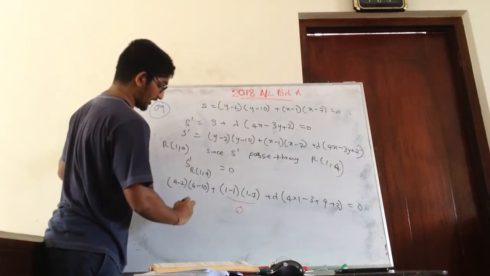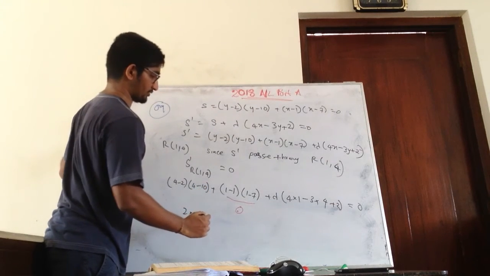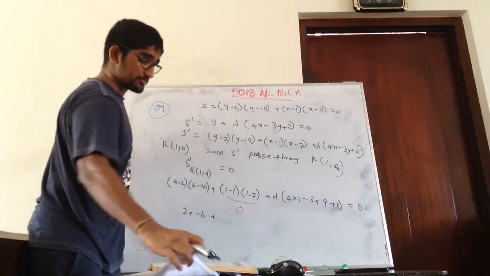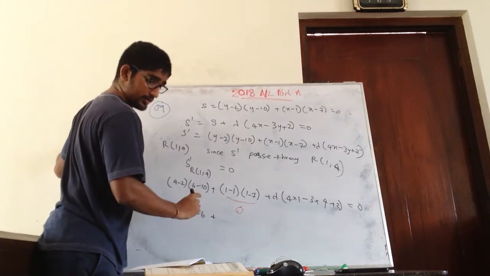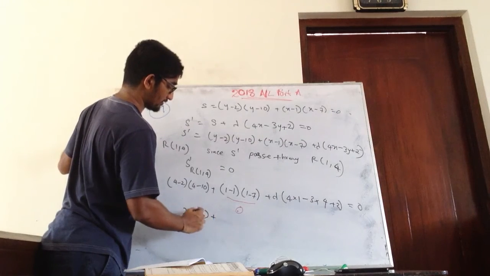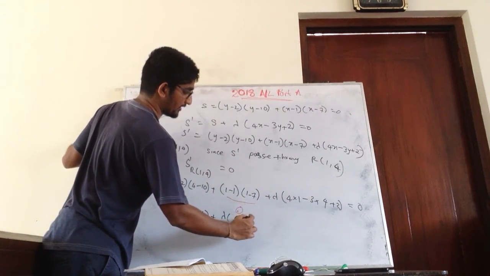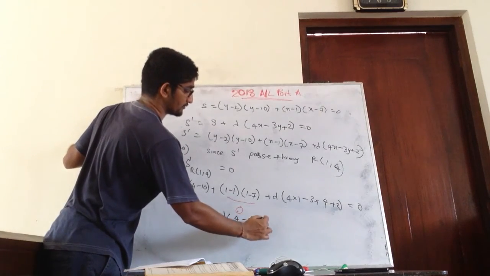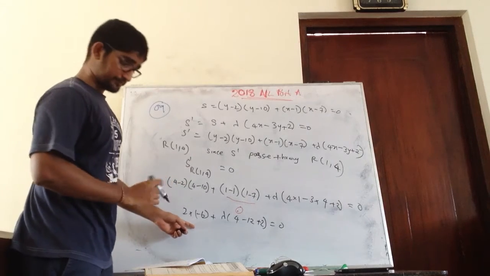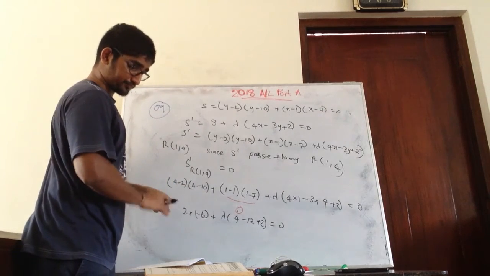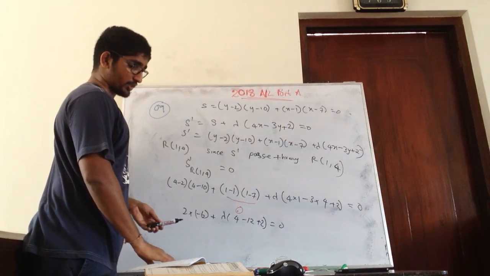Then you will get 2 times minus 6, which is minus 12 here.